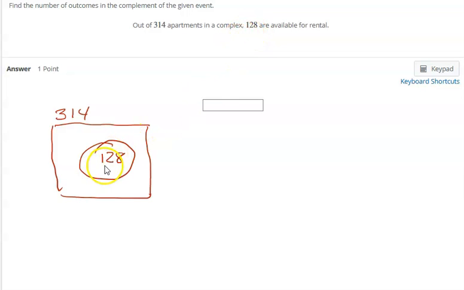So the complement of what would be this set available for rent would be those not available for rent, and you would subtract and would end up as 106.86. So that's what we're going to put here as our complement. All right, let's go on.